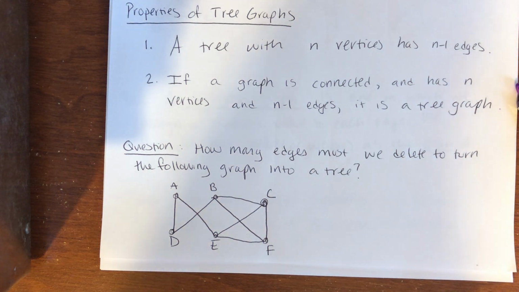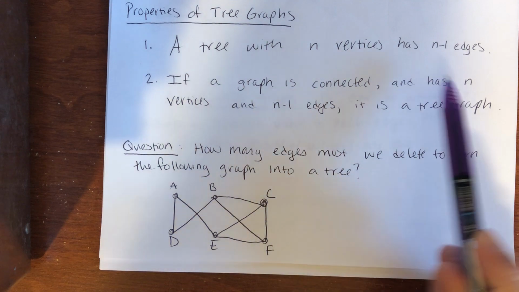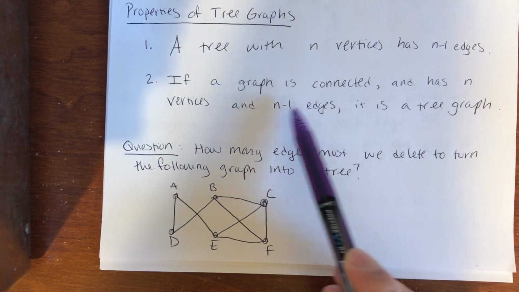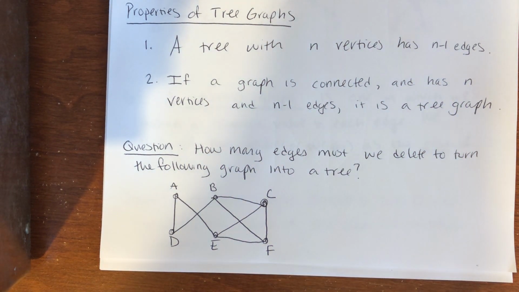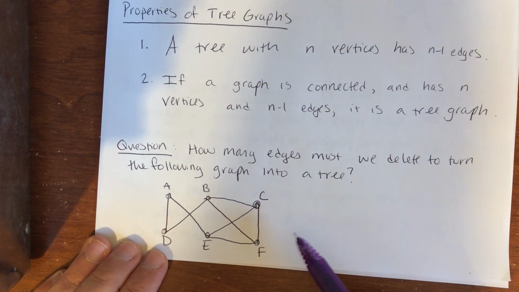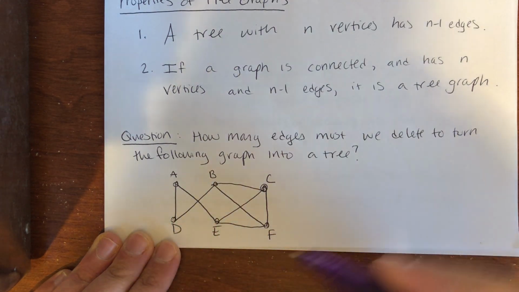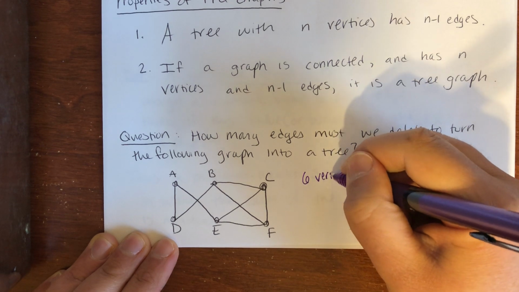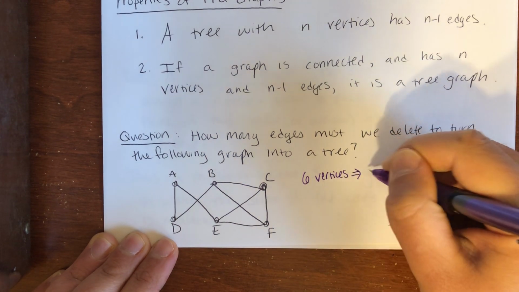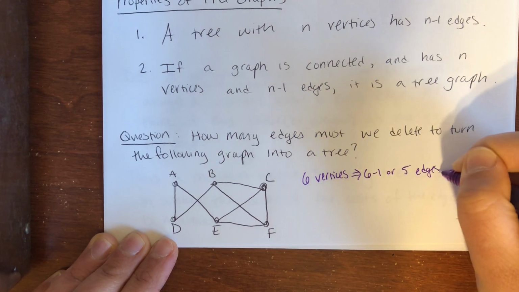Okay, so using that property that we just discussed, we know that a graph that has n vertices and n minus 1 edges and is still connected is a tree graph. So if we wanted to delete some of these edges so that the remaining graph was a tree, we need to make sure that in the end, if it has 1, 2, 3, 4, 5, 6 vertices, it better have 6 minus 1 or 5 edges.